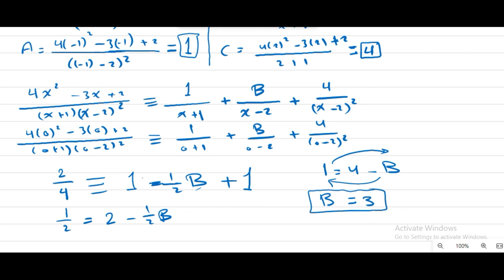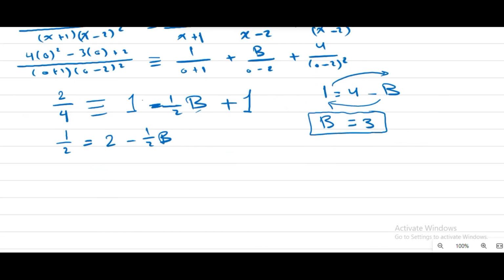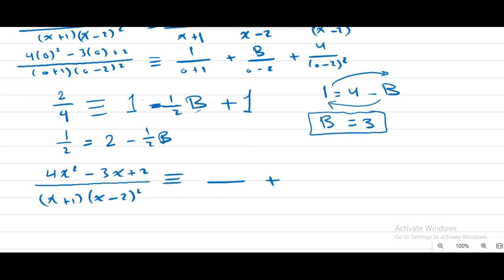And don't forget to write the final form of the expression, which is 4x to the power of 2 minus 3x plus 2 over x plus 1 multiply x minus 2 all to the power of 2 equivalent to 3 fractions: A over x plus 1, B over x minus 2, C over x minus 2 power 2, and put the value of each letter in its place.